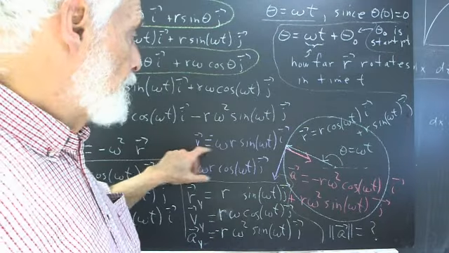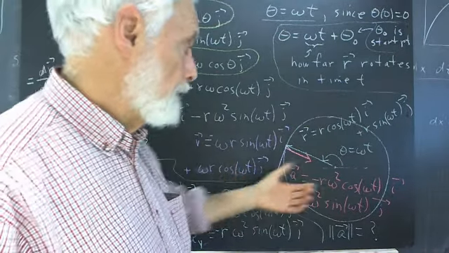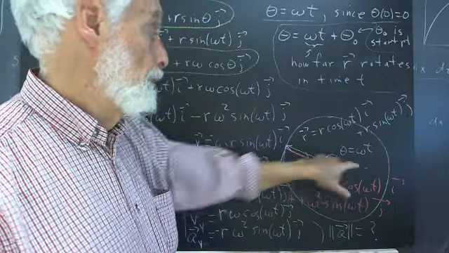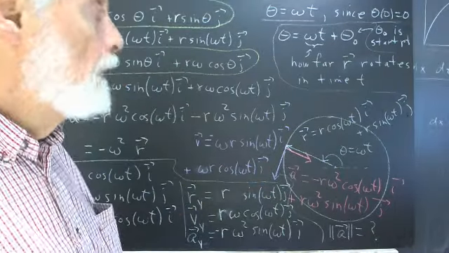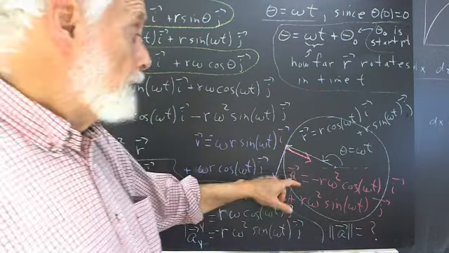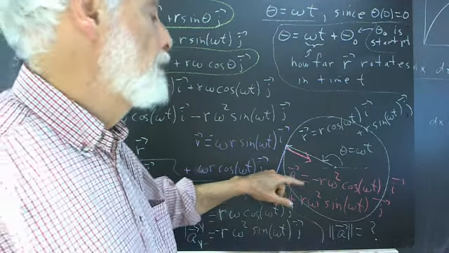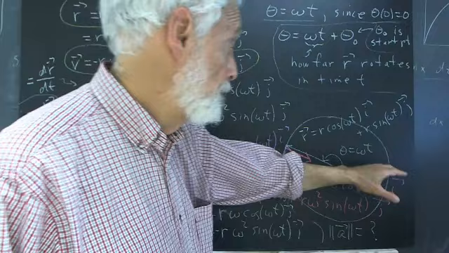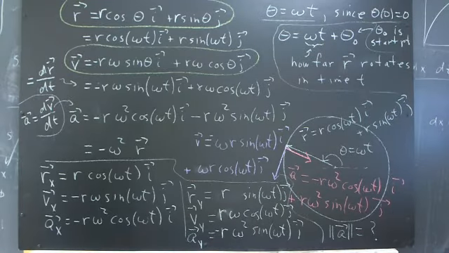The x component of the velocity vector is the velocity of that object moving along the x-axis. And the x component of the acceleration is the acceleration of that object as it moves along the x-axis.